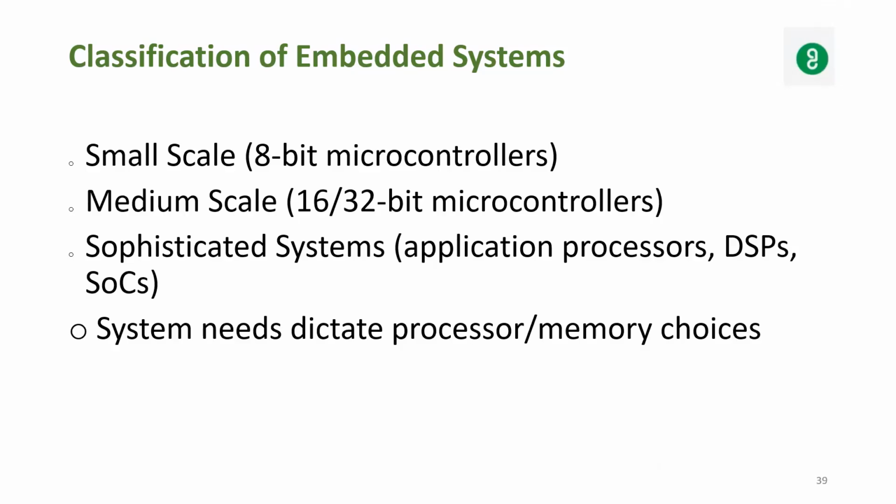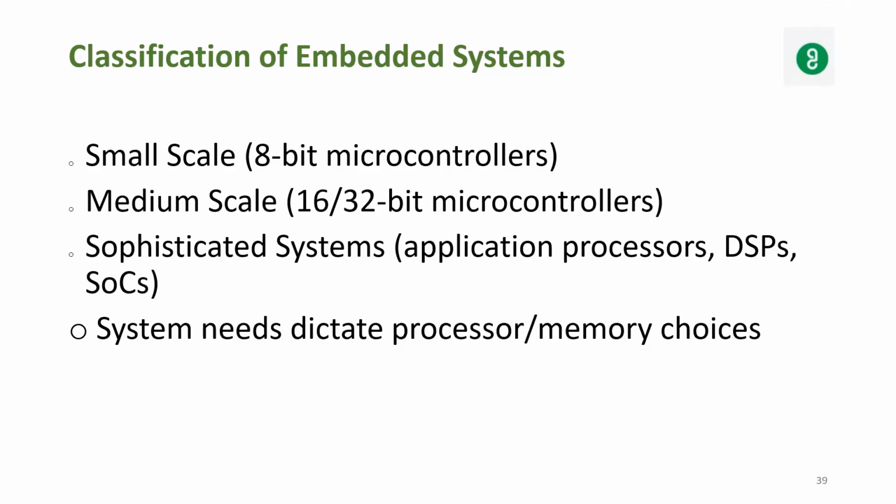Once it hits an object, it automatically relocates and moves in a different direction. For that dedicated functionality, it is a very simple task it has to follow. In that case, you need not use a 16-bit or 32-bit microcontroller. It is better to go for an 8-bit microcontroller, which is very cheap and cost effective.